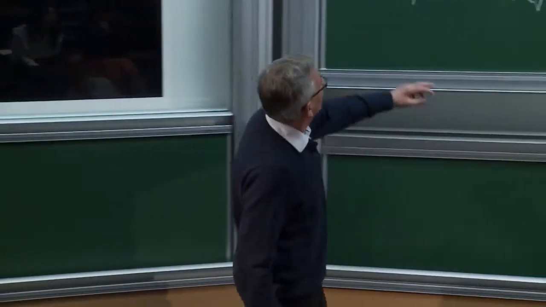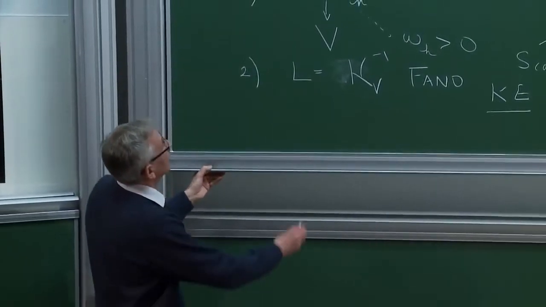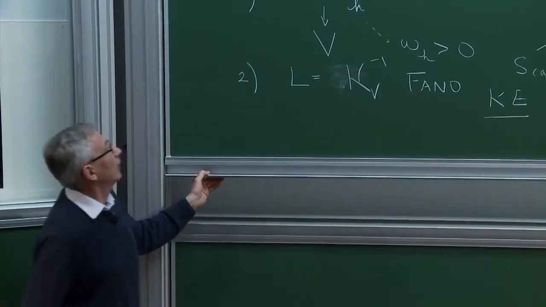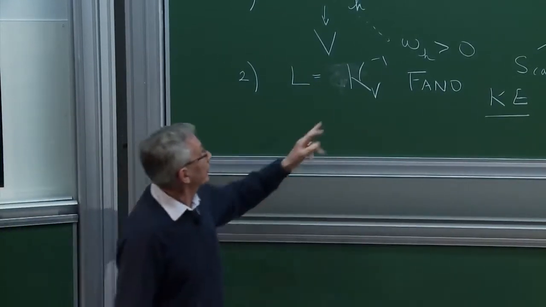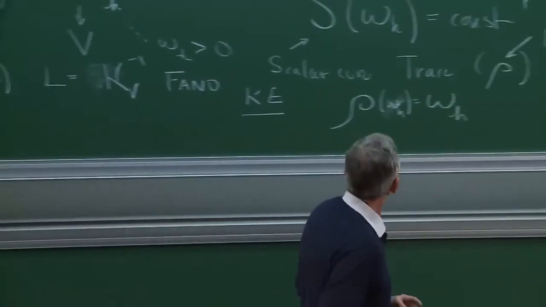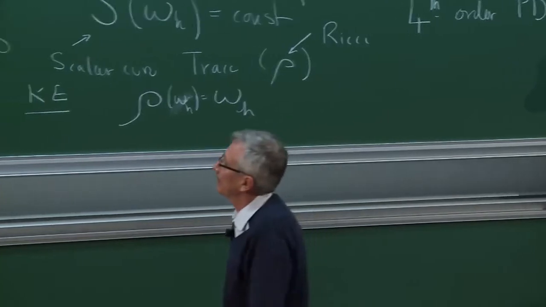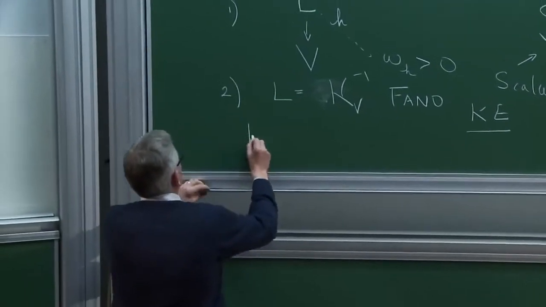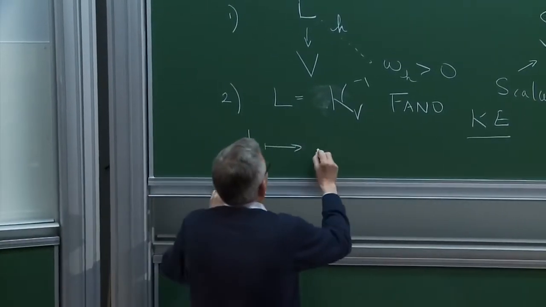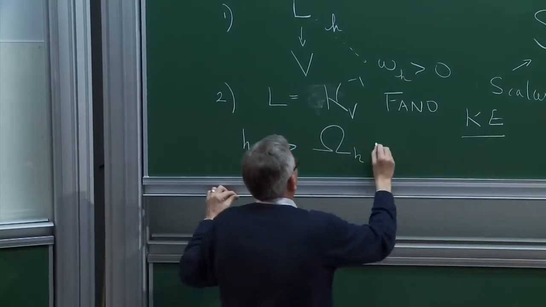In the following way: if we have a metric on the dual of the canonical bundle, that determines, by simple algebra at each point, a volume form on the manifold. So H goes to, say, capital omega H, the volume form.